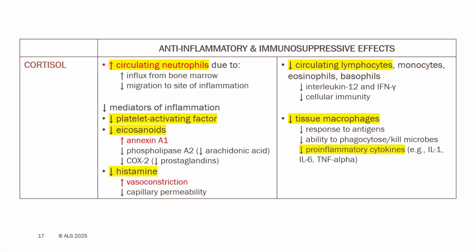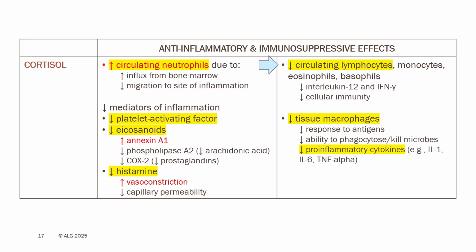Here in this table, I summarize the mechanisms through which cortisol suppresses the inflammatory and immune response. Firstly, it inhibits the migration of neutrophils to the site of inflammation. So, there is an increase in neutrophils in the circulation. In contrast, all other leukocytes exit the circulation and return to the lymphoid tissue.